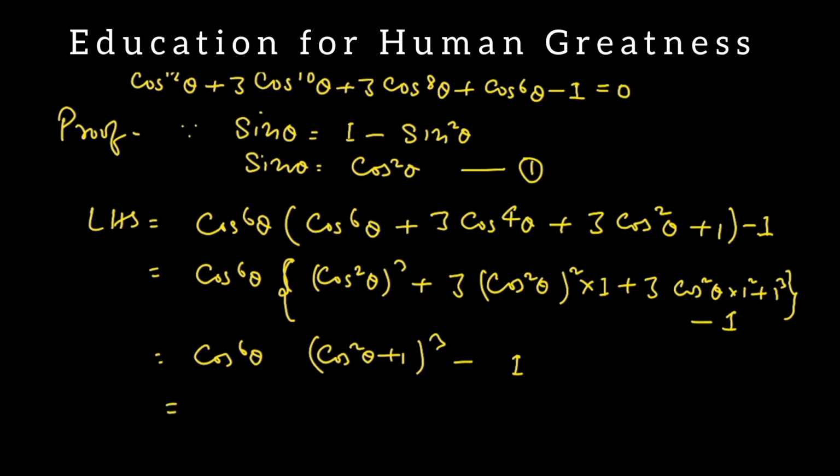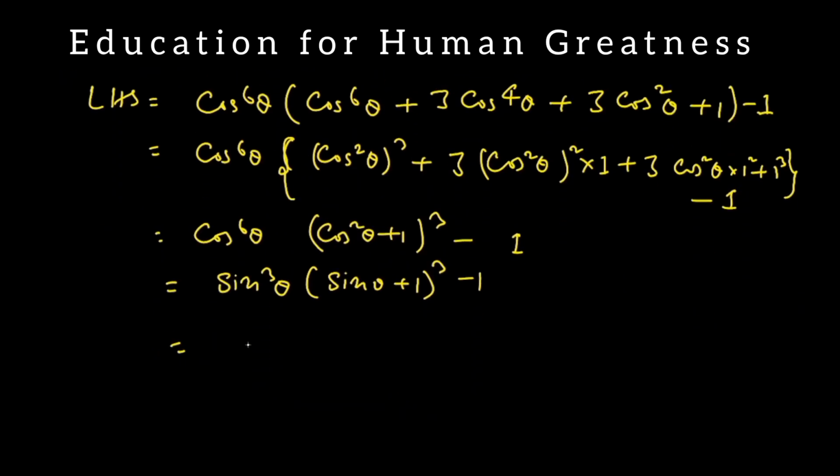Now from equation first, cos square theta is sin theta. It means whatever the power of cos is, sin theta gets half of it, so 6 is here, so sin will become half, that means 3 theta, and then cos square theta means sin theta plus 1 and then its cube and then minus 1.